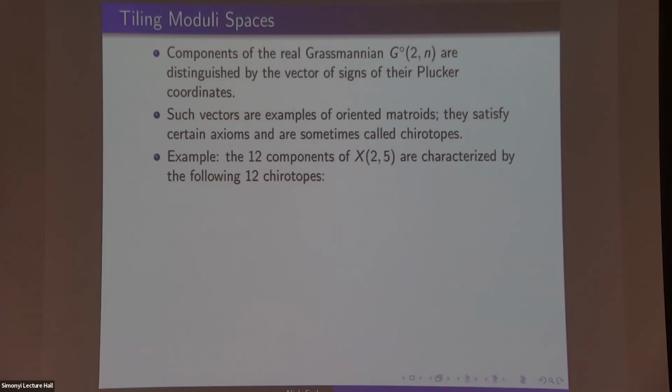Okay, so tiling moduli spaces. Oh boy, running behind. So components of the real Grassmannian are distinguished by vectors of signs of the Plücker coordinates. These are axiomatized by oriented matroids. And the 12 components of M05 or X25 are distinguished by the following 12 sign patterns among the U variables.